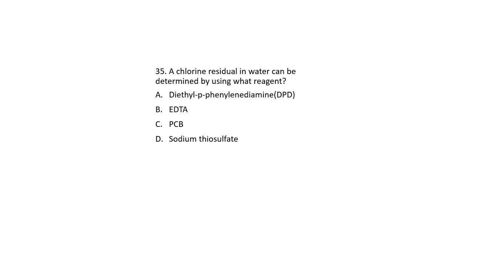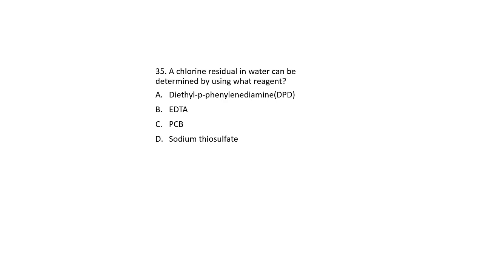A chlorine residual in water can be determined by using what reagents? Excuse my pronunciations, but I got DPD, EDTA, PCB, or sodium thiosulfate. The answer is A, the DPD reagent. EDTA is a hardness test.